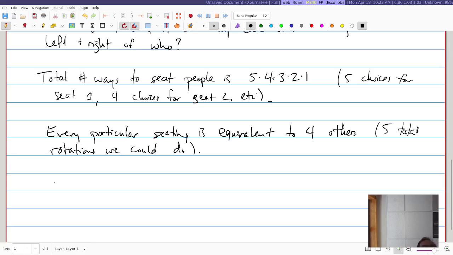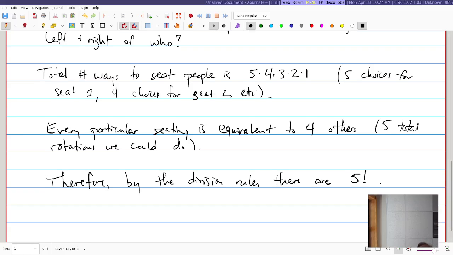Okay, so therefore, by the division rule, there are, well, it's 5 factorial.